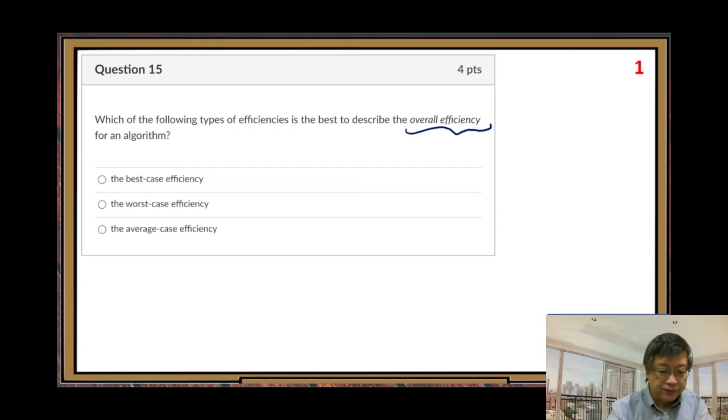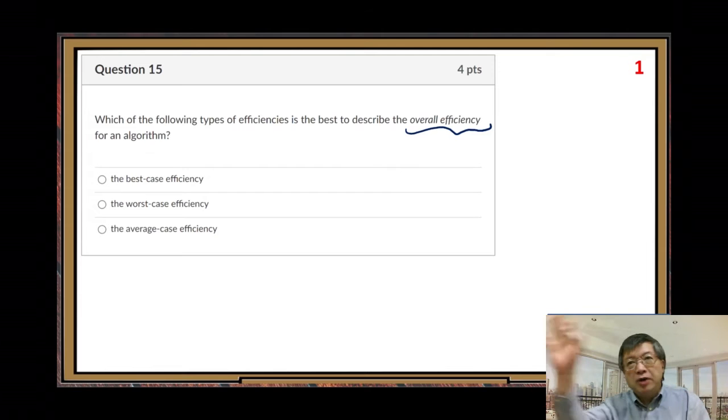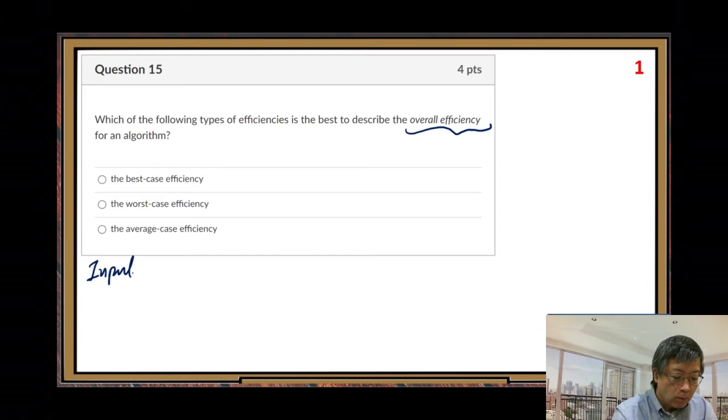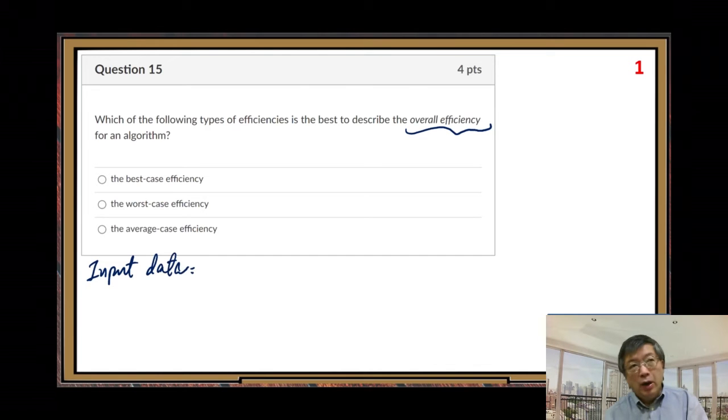All right. So let's look at all the possible cases for the input data. Here we consider input data. When we have input data, here we consider some general algorithm.